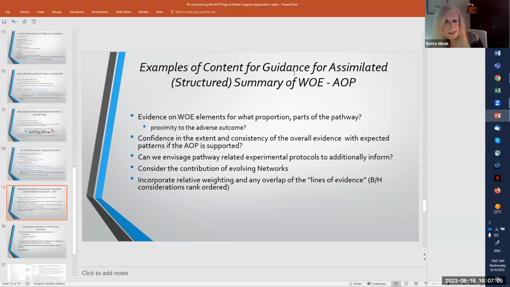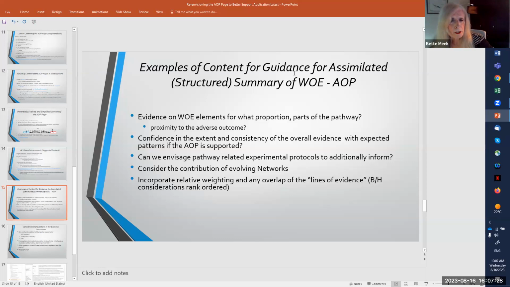Confidence in the extent and consistency of the overall evidence with expected patterns if the AOP is supported. And can we envisage pathway-related experimental protocols to additionally inform? And then I think we also need to consider the contribution of evolving networks. How does that add to our confidence in the adverse outcome pathway?